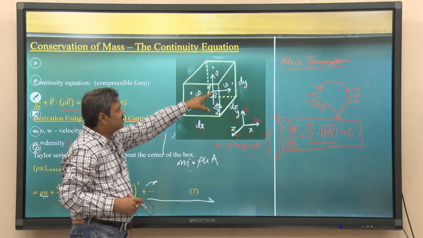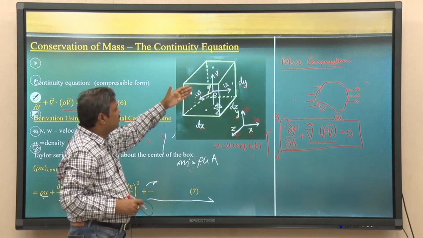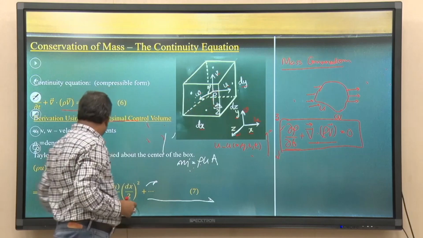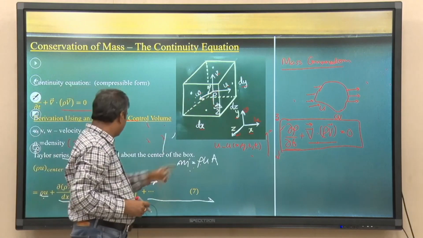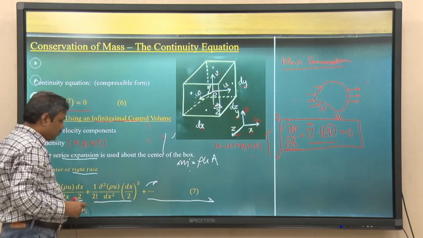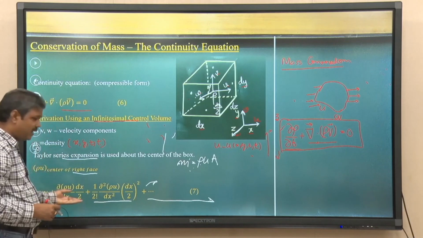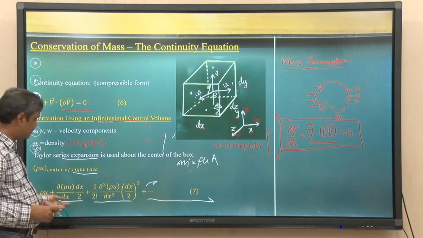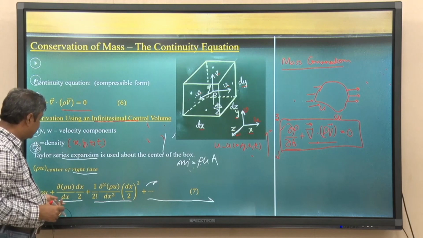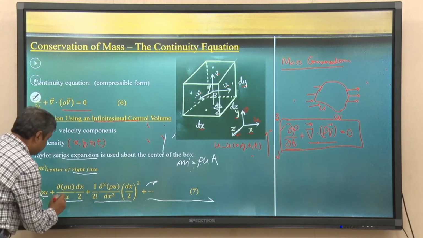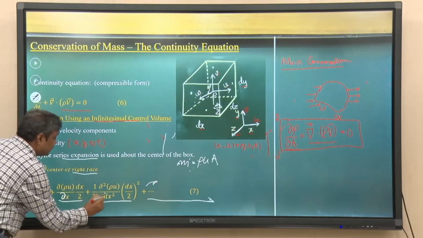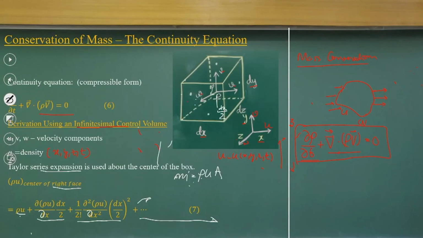The mass flux is rho u at this point. What will be the mass flux at the right face? That will come from the Taylor series. For any function you can apply the Taylor series and get the gradient components, the first gradient, the second gradient and so on.